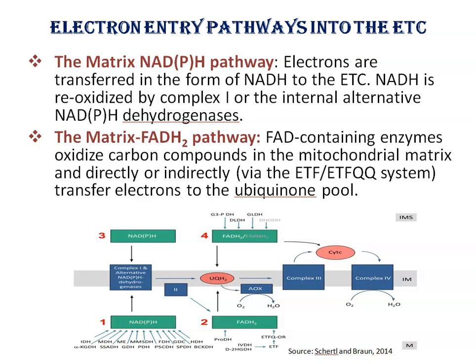Next is electron entry pathways into the ETC. All electrons enter the electron transport chain via NADPH, which are generated by a variety of dehydrogenases in the mitochondrial matrix or in the inner membrane space, or via flavin nucleotides, FADH2 or FMNH2, which generally are bound to proteins termed flavoproteins. So, 4 electron entry pathways into electron transport chain have been identified.